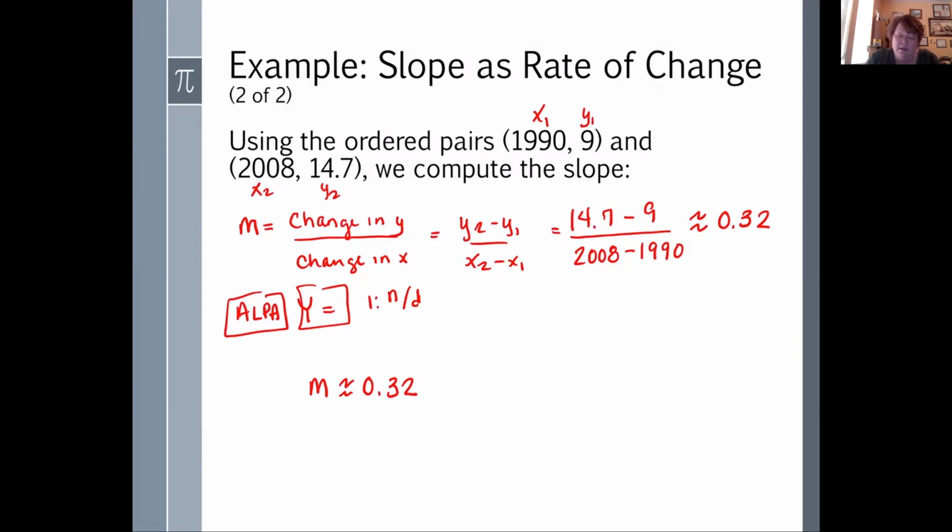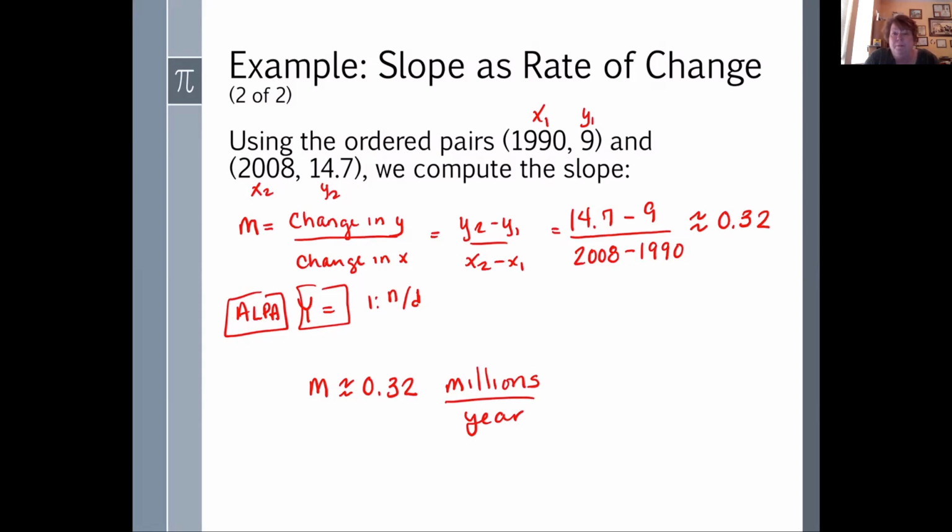So this is millions per year. So the rate of change, since the numerator, the change in y, represents the millions of men who are living alone, and the denominator was the change in x, which is the change in the number of years, then our slope represents millions per year.